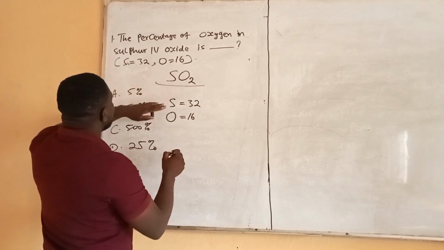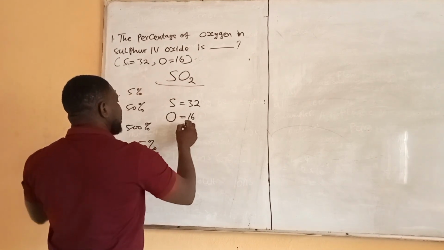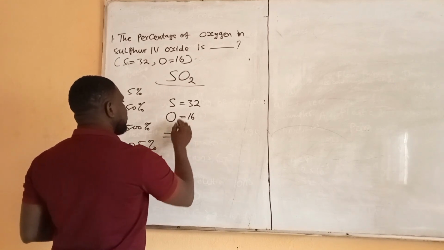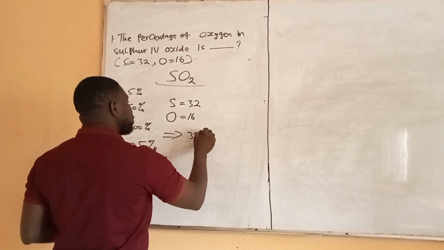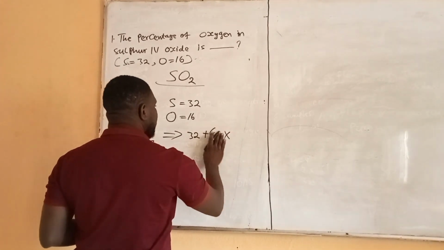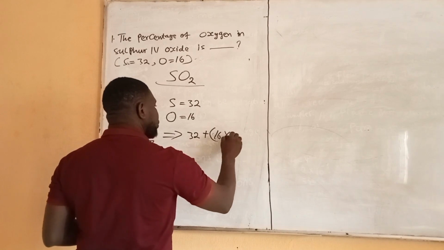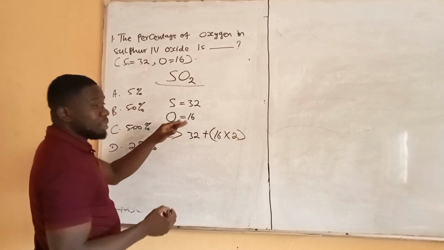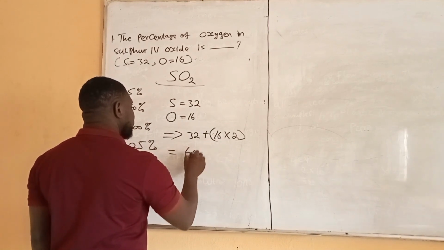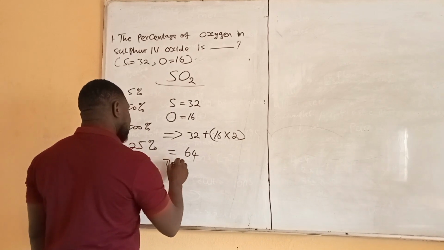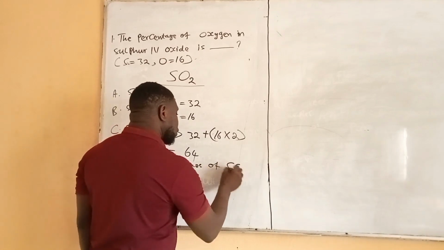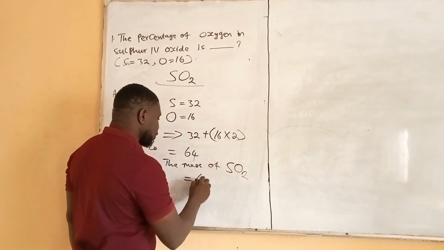Since we have 2 oxygen, we need 32 plus 16 times 2 to give us the mass of sulfur(IV) oxide, which is equal to 64. So the mass of SO2 is equal to 64.